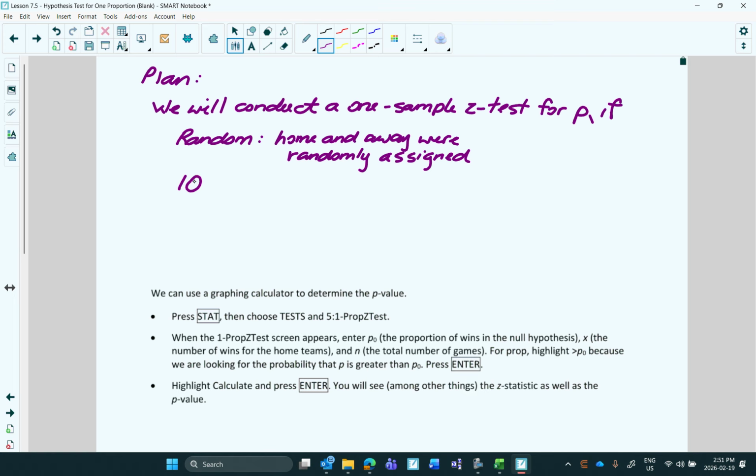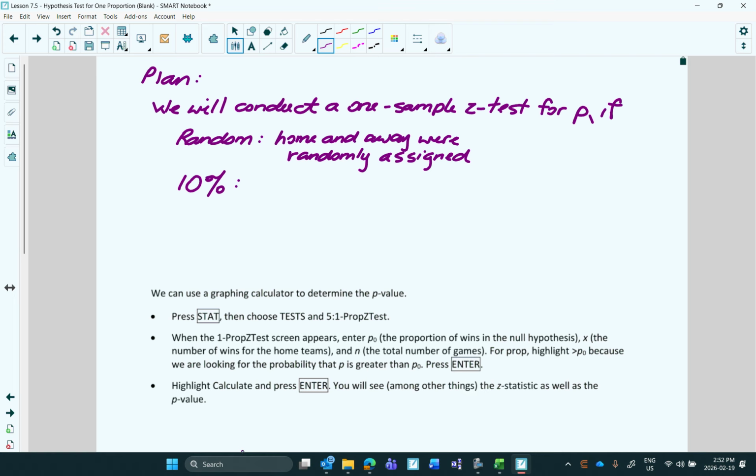Now, this is a little different. In a way, we are doing an experiment, because aren't we randomly assigning groups to home and away? Okay. When you conduct an experiment, you don't have to do the 10% condition.